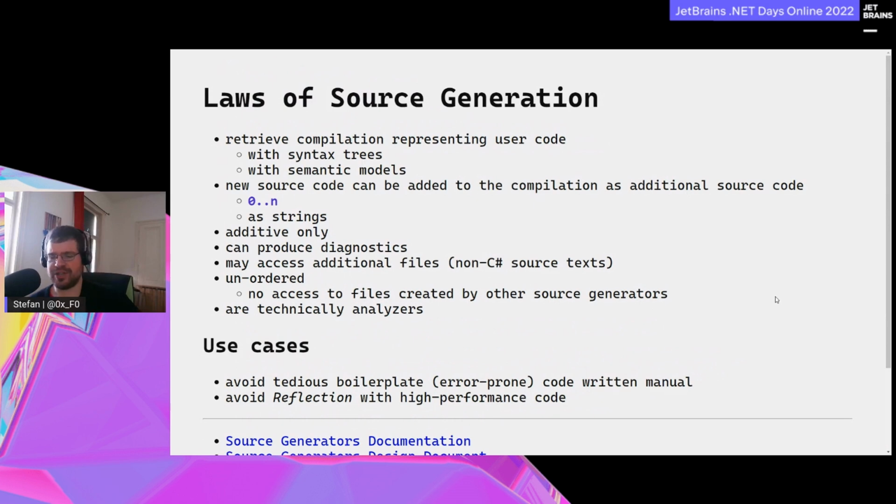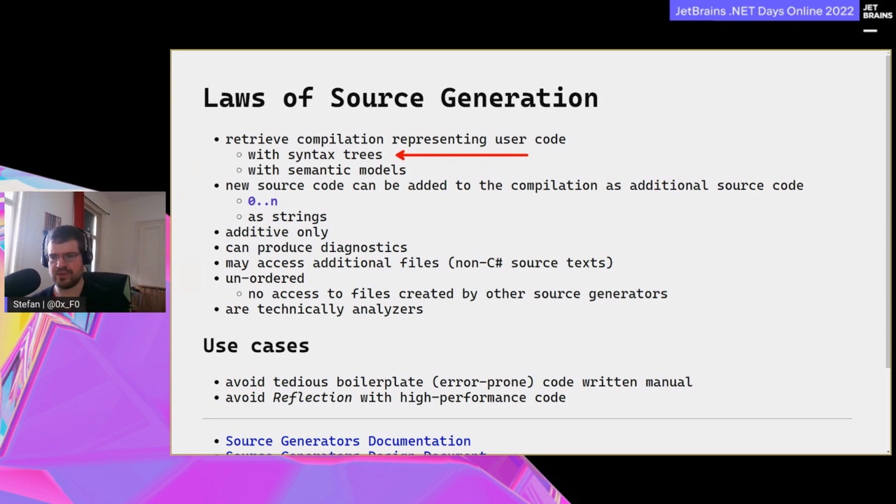Perhaps a little bit of a refresher since last year's, or it's 1.5 years, I believe, JetBrains .NET Days. What are the laws of source generation? There are a couple of rules we have to keep in mind. Now, the input to a source generator is basically a set of syntax trees.